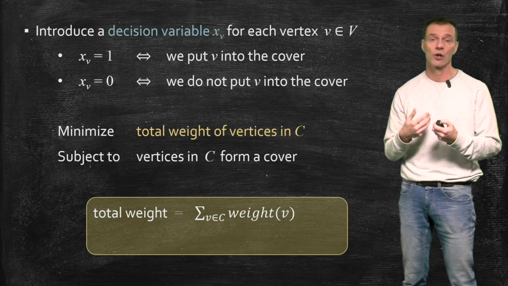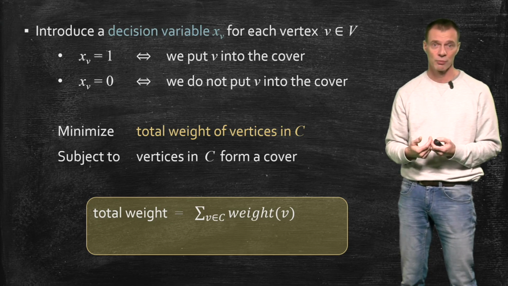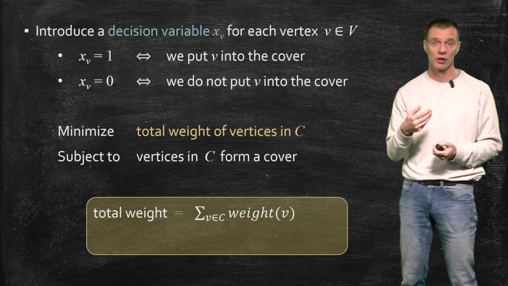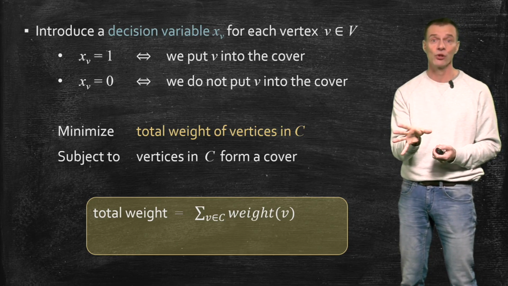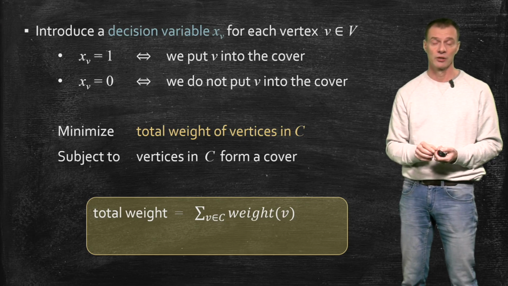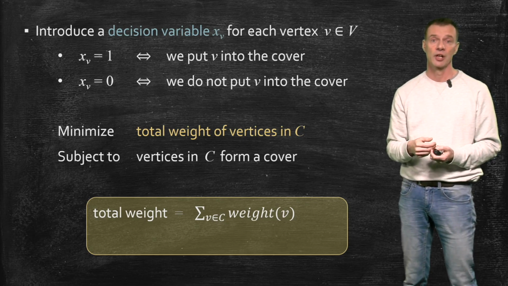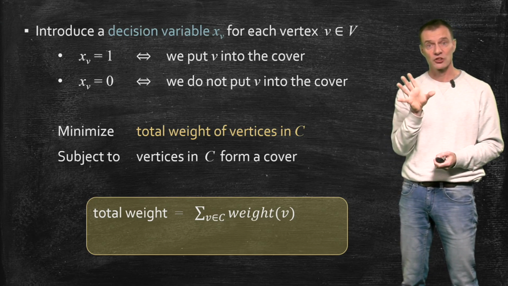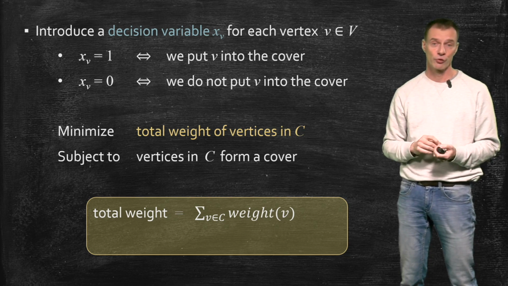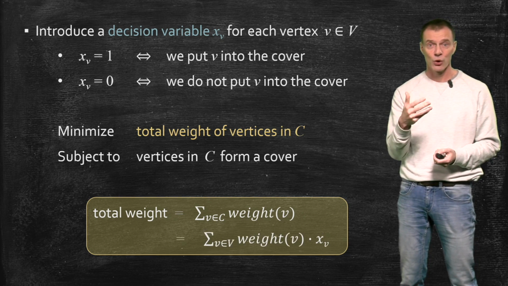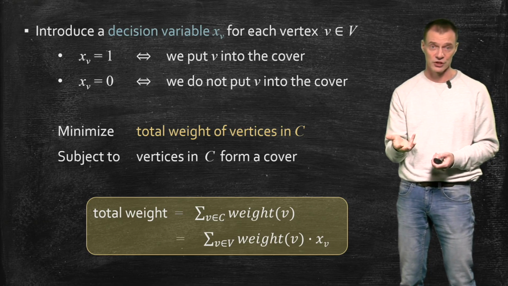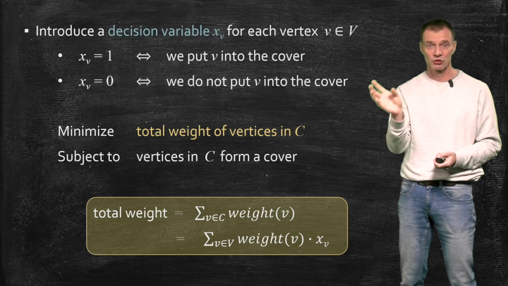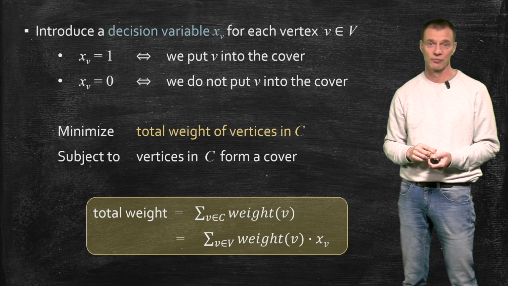Okay. Now I want to introduce my decision variables by saying that, okay, the idea was, when is something in the cover? Well, that corresponds to giving that variable value 1, right? So we put v into the cover, that means that xv equals 1. So instead of taking the sum over the vertices in the cover, I'm now going to take the sum over all vertices of the weight of that vertex times the variable xv.